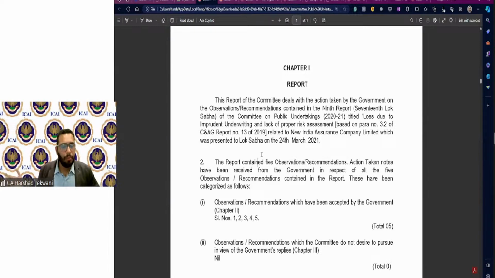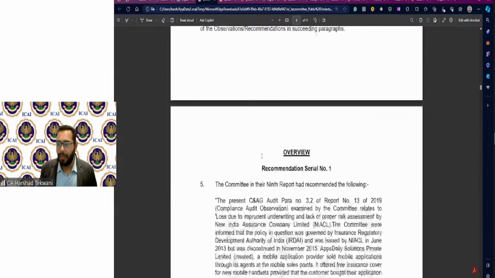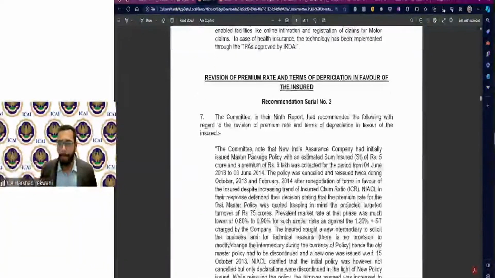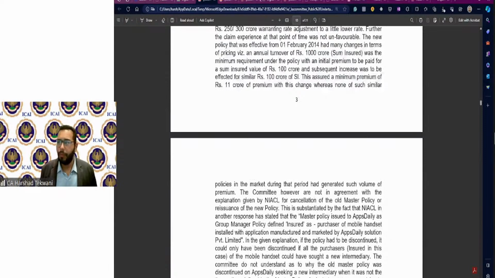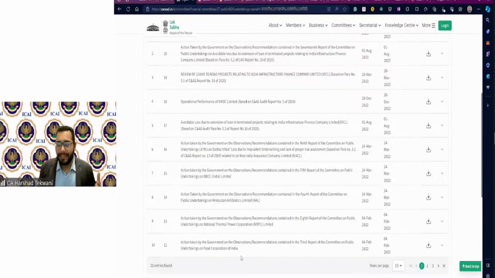Then the government took some action to rectify the observation. Those actions were verified by the committee, and the report has been issued accordingly. So from start to end, this is how things work.